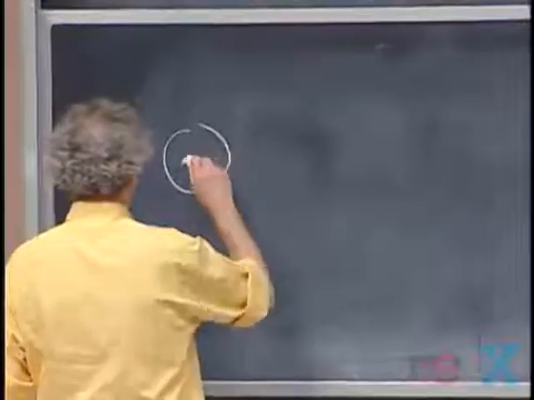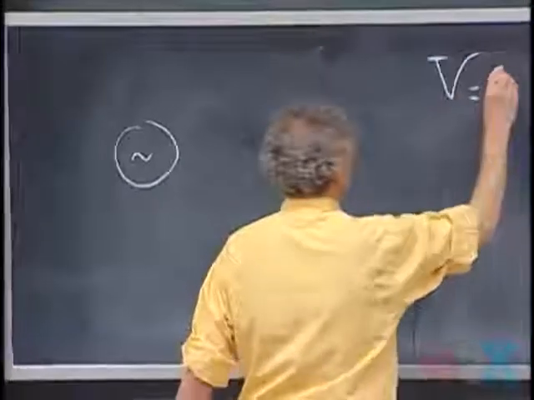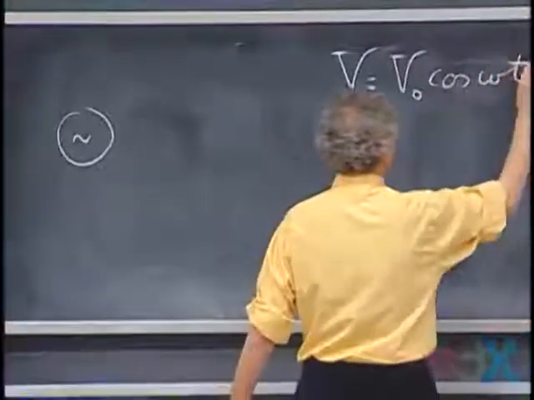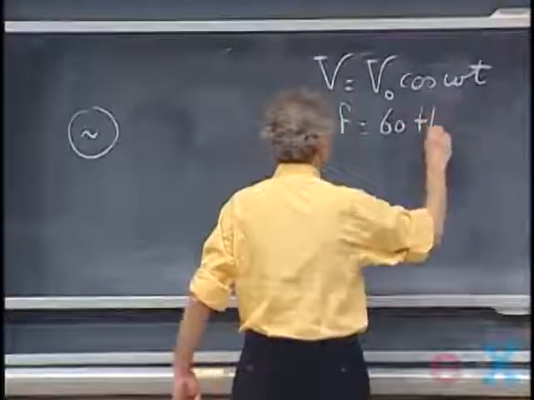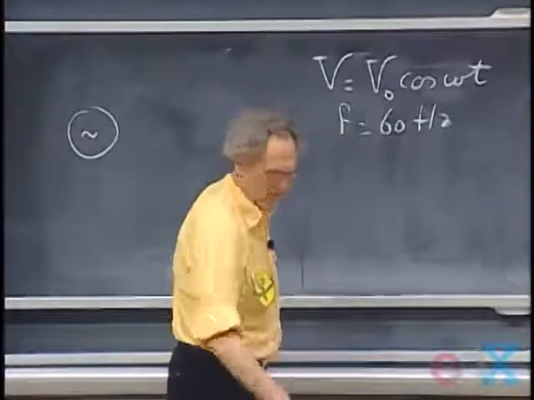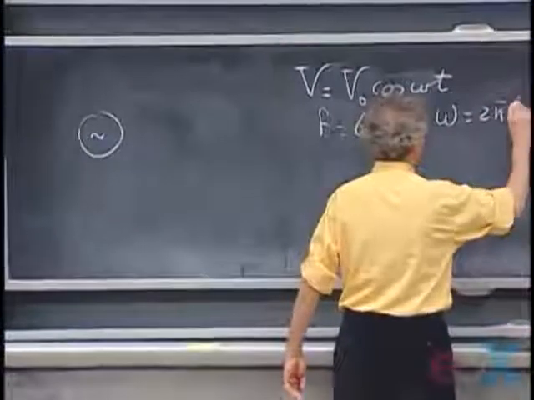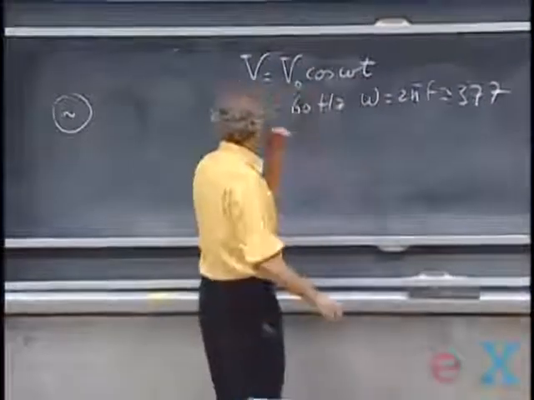We have an AC power supply, V equals V0 cosine omega t. The frequency is 60 hertz, it just comes out of the wall, and so omega, which is 2 pi f, is about 377 radians per second.